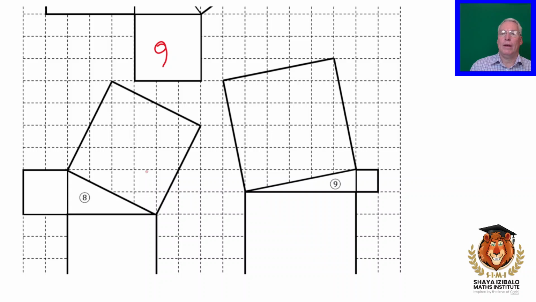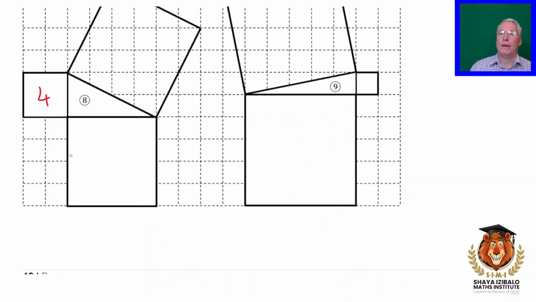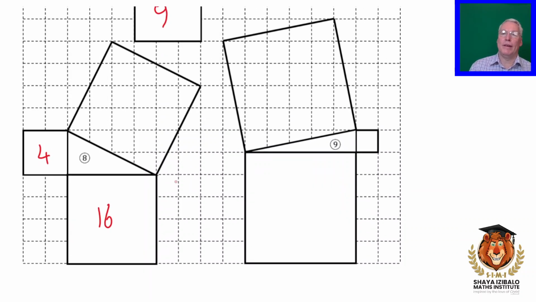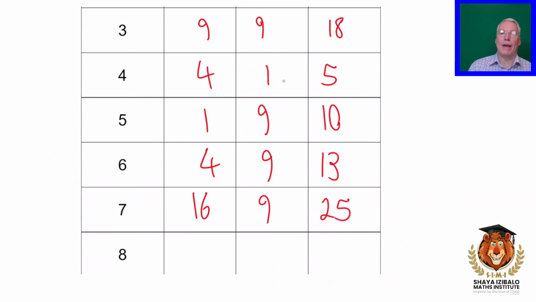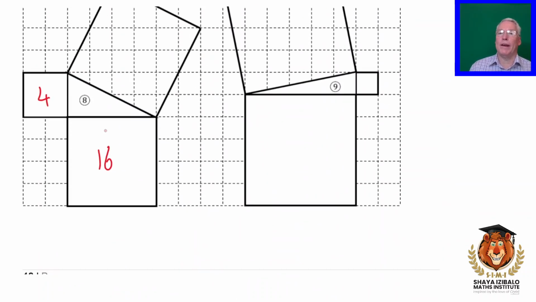Right, number 8. We've got 4 and we've got 16. It looks like these numbers are adding. So let's see if we can identify 20 squares inside here. So 1, 2, 3, 4, 5, 6, 7, 8, 9, 10, 11, 12.